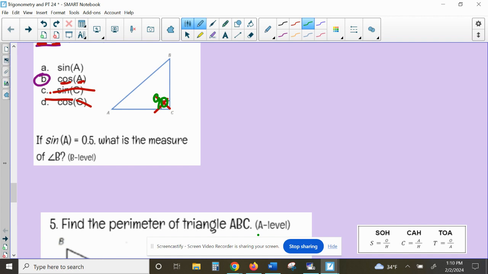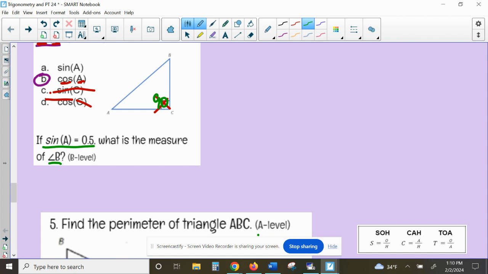That's all we know by looking at the picture. We do know A and B have to add up to be 90, right? So that means if you knew A, you could find B, or if you knew B, you could find A. Fair? Okay, so they want us to find B, but the only thing they give us is information about A. So let's find A and put it in there, and then we can get B.